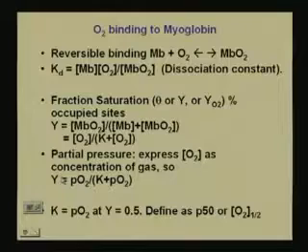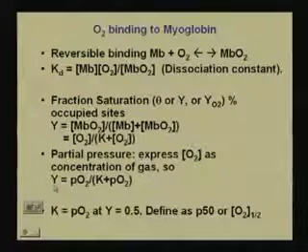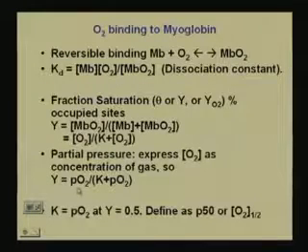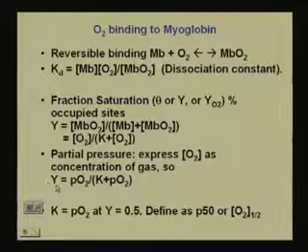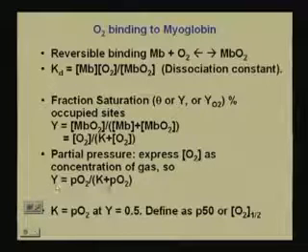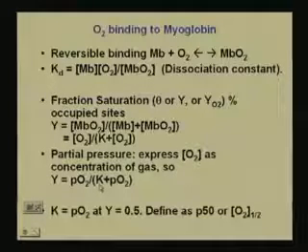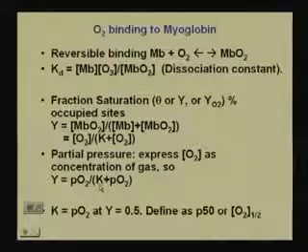If we have this equal to K, then obviously we have 50% saturation. So the 50% saturation, that's P50, is defined when we have Y equal to 0.5, and that is possible when K is equal to PO2 in the expression here.